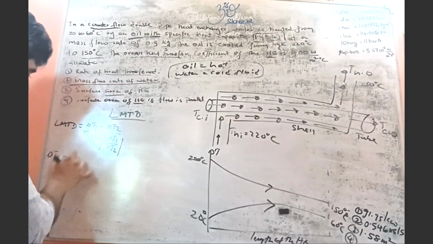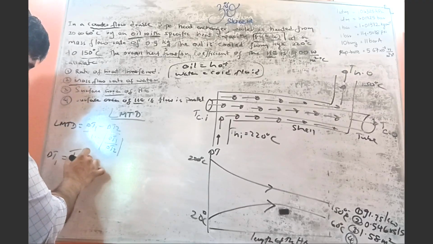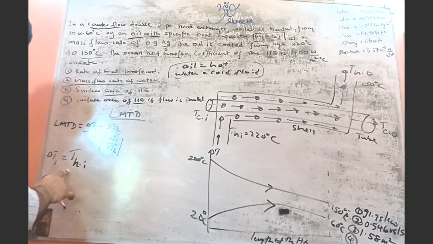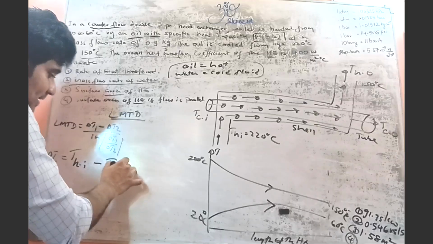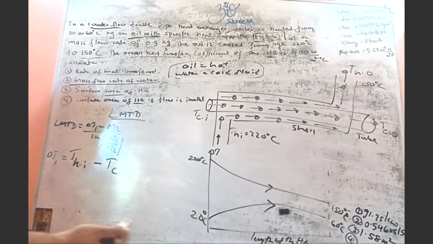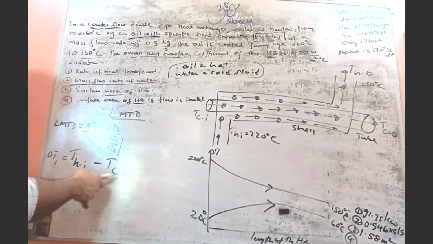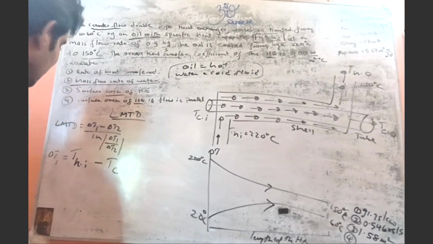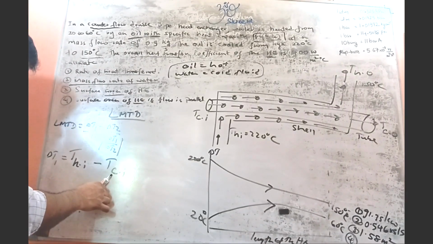Delta T1 is T hot fluid inlet minus T cold fluid inlet. Previously it was T hot fluid inlet minus T cold fluid outlet, but here it is T hot fluid inlet minus T cold fluid inlet.